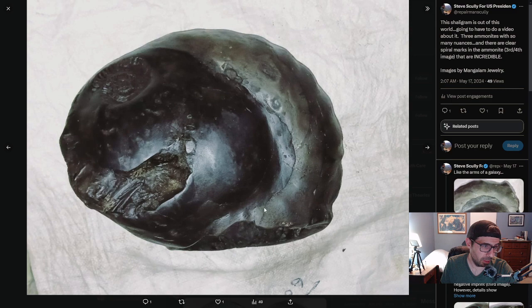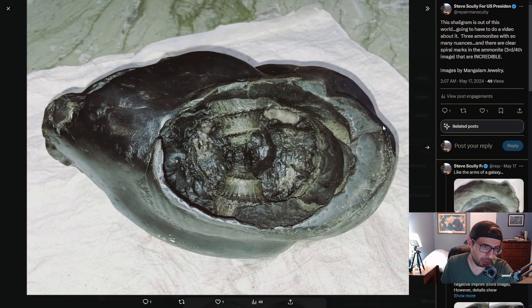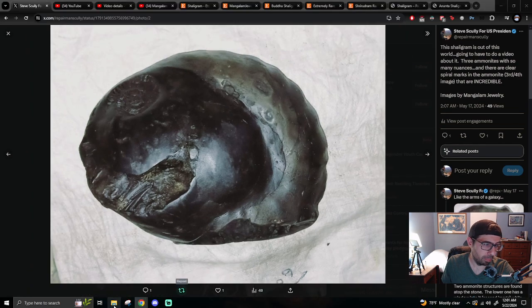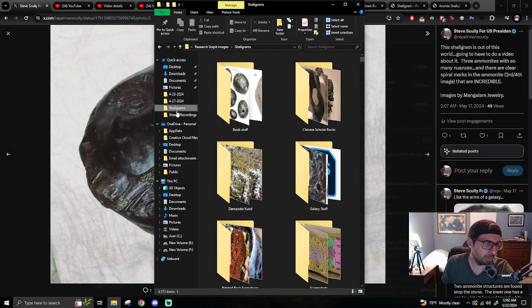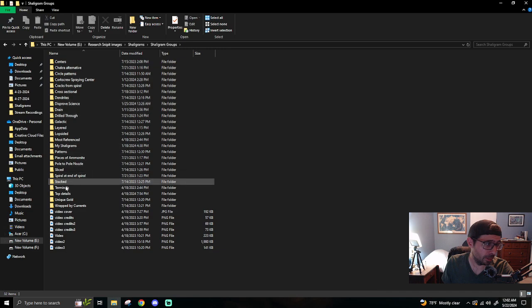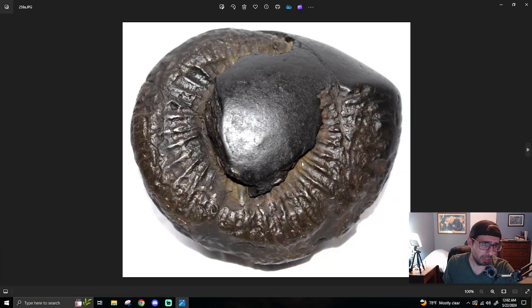And that opening has a spiral of an ammonite that goes back this way and around. And then it has a shale-like top. So if I go here, tops, like the way this is.